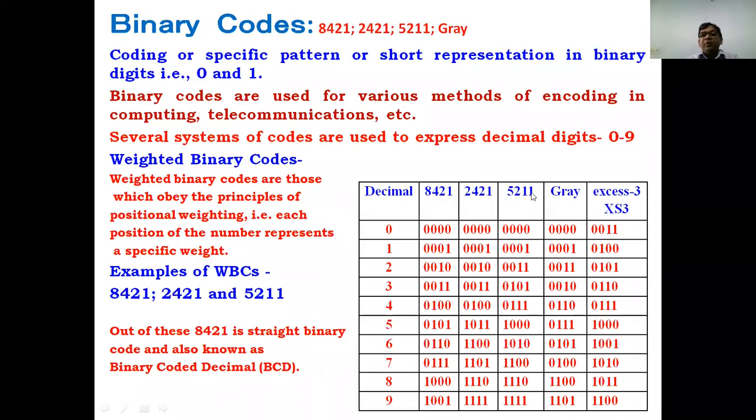This place has a positional weight of 1, this place again 1, then this is 2, and this is 5. In the 2421 binary code, the unit place has weight 1, the 10s place is 2, the 100s place is 4, and the 1000s place is 2. So this is the weighted code, and we will talk about the gray code a little while later.